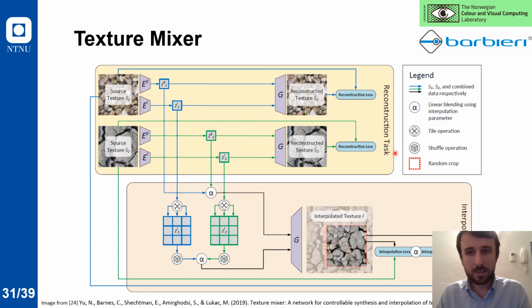The first one is a reconstruction network that ensures that every input texture results in a similar texture after being encoded and decoded, while the other one is an interpolation network that mixes the two input images and compares them to the two original images.